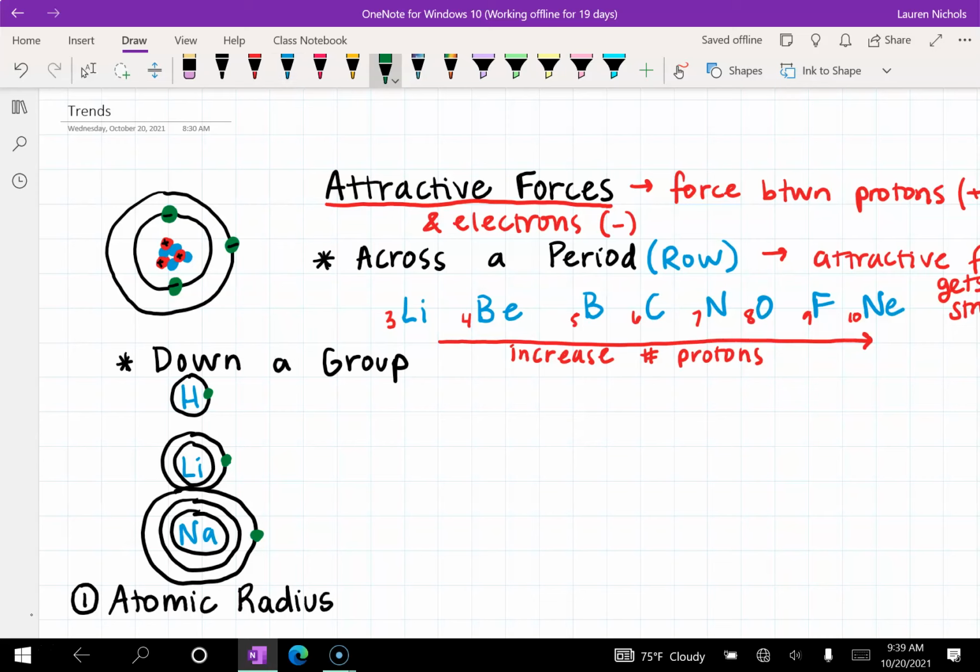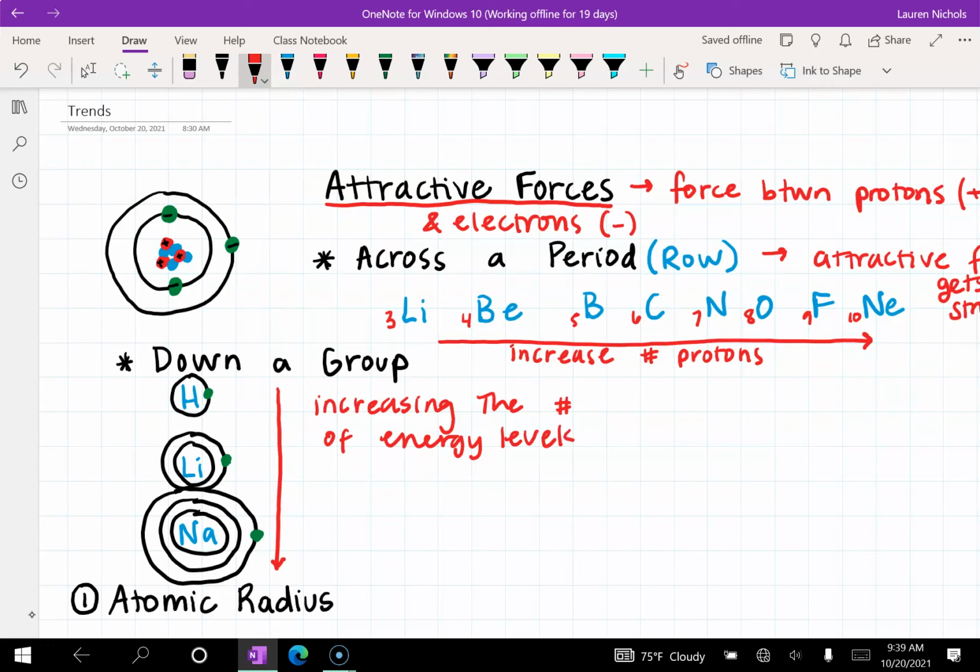So as you go down a group, you are increasing the number of energy levels. Now when you do that, the distance between the protons and the electrons gets bigger.